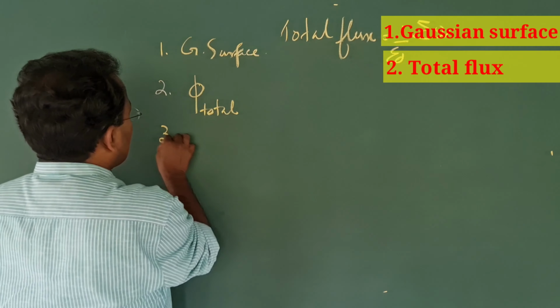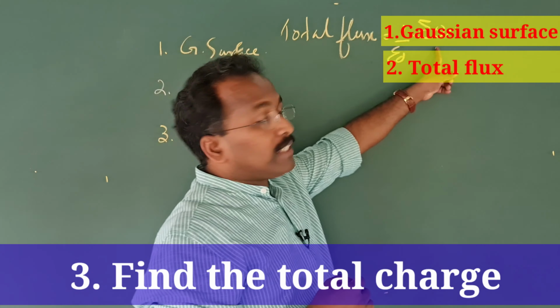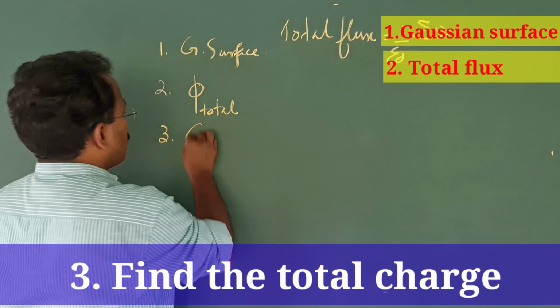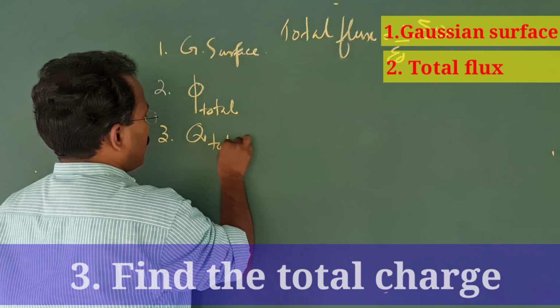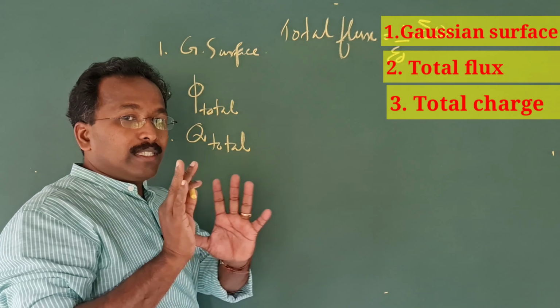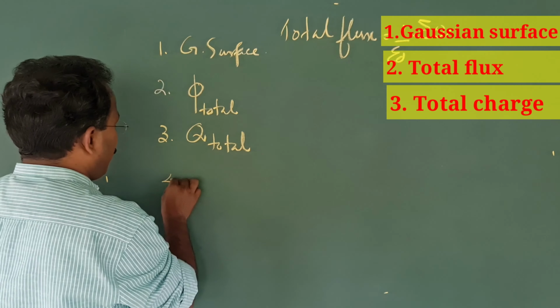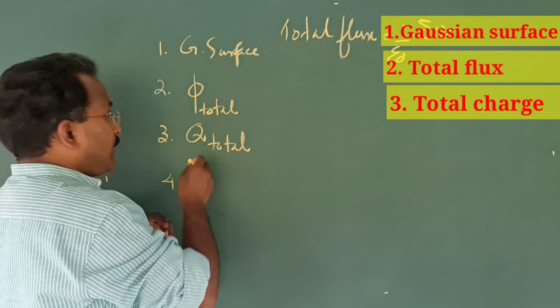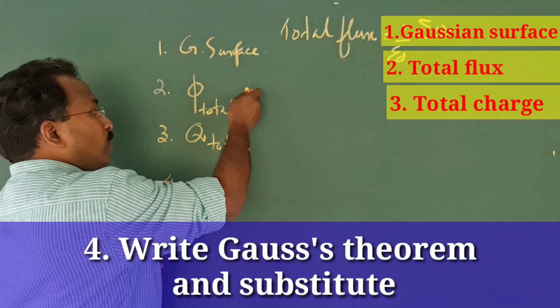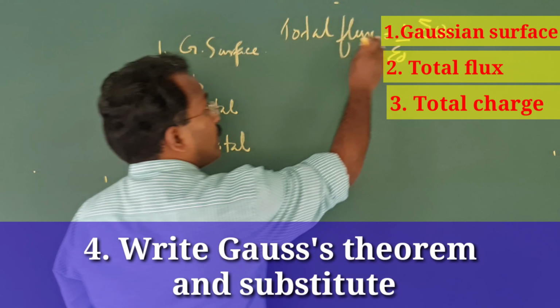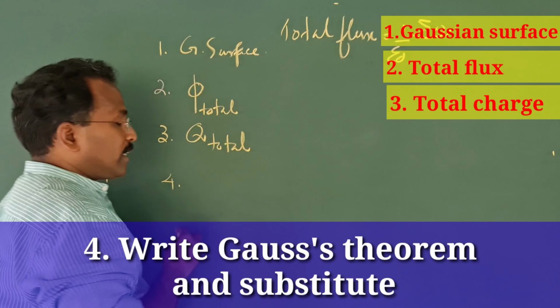And the third step is we will find the total charge. So finding Q total is the third step. And the fourth step is, we found total flux and total charge, we apply that into the Gauss theorem equation.